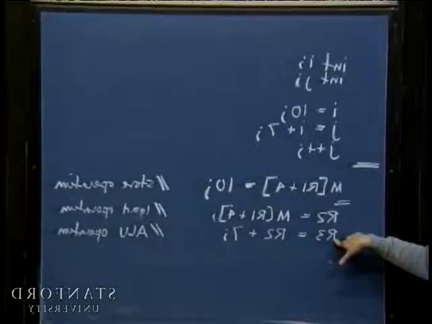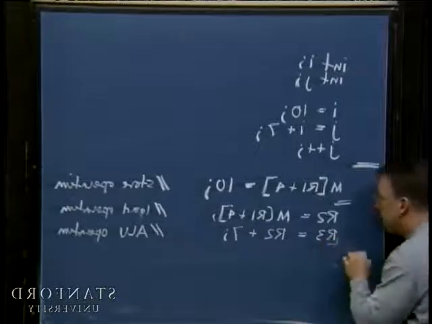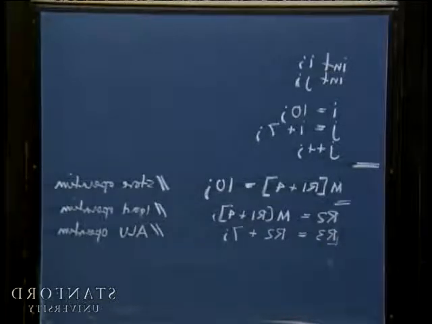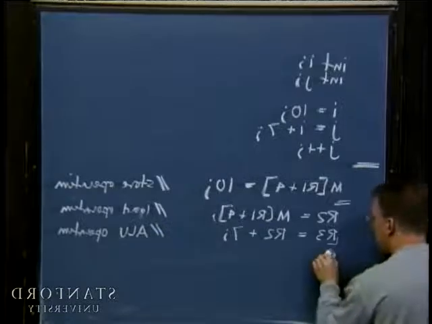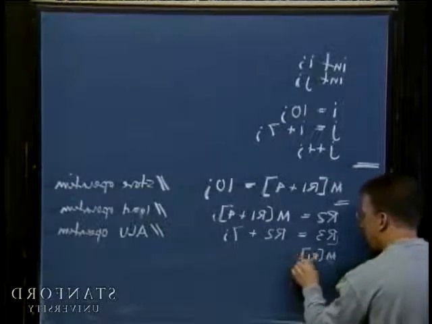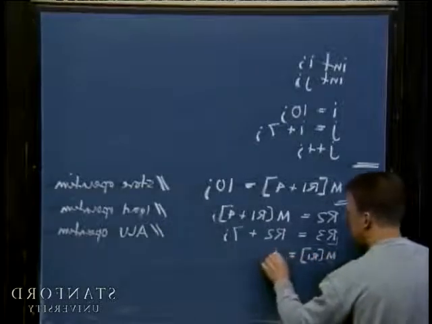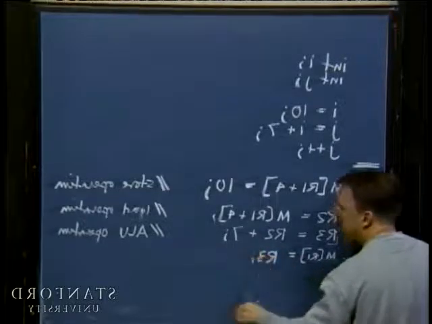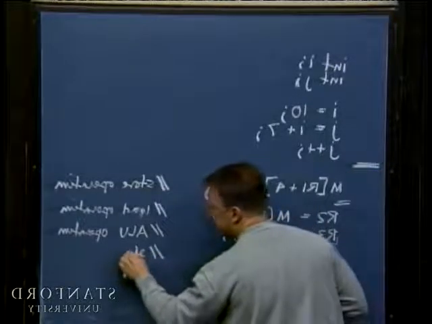Okay, that probably makes sense to people. This as a bit pattern is the thing that has to be replicated in the space that's really set aside for J, and we know where J is because we have R1 storing the base address of it. So right here, I have yet another store operation.